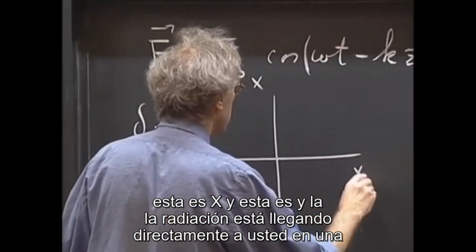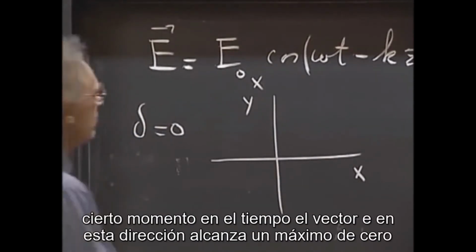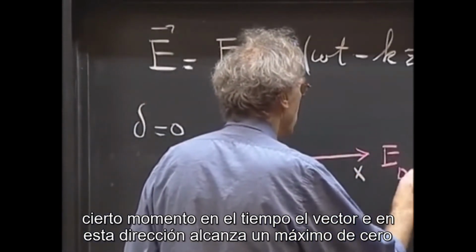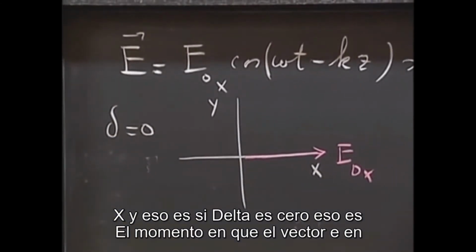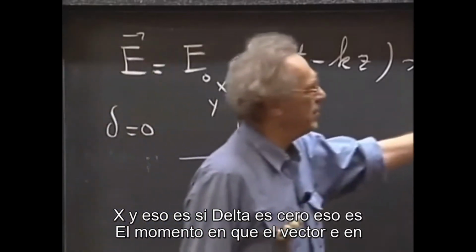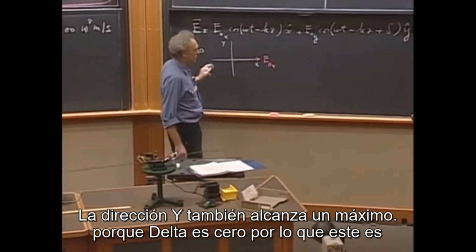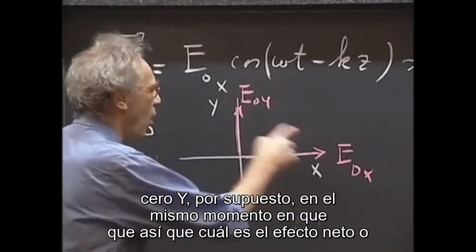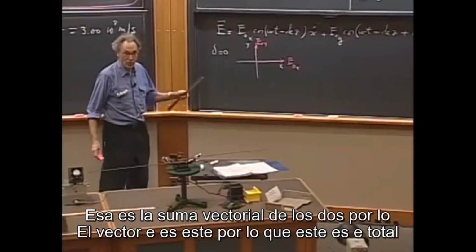Look at the xy plane. This is x, and this is y, and the radiation is coming straight to you. At a certain moment in time, the E vector in this direction reaches a maximum, E0x. And if delta is 0, that's the moment in time that the E vector in the y direction also reaches a maximum, because delta is 0. So this one, E0y, occurs at the same moment as that one.